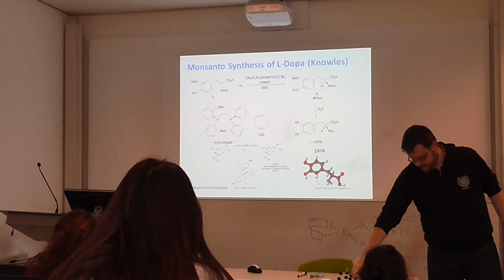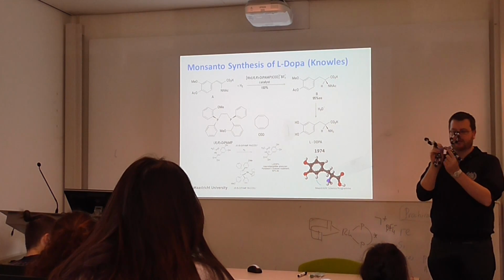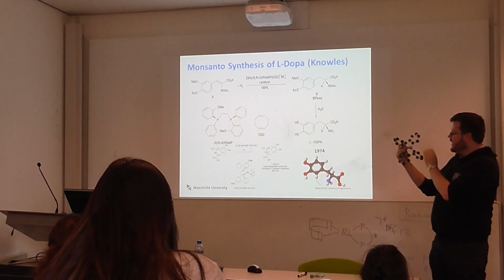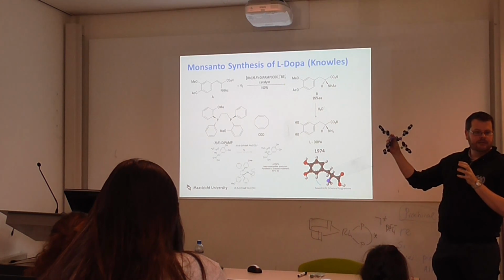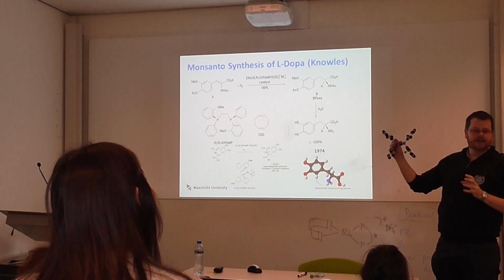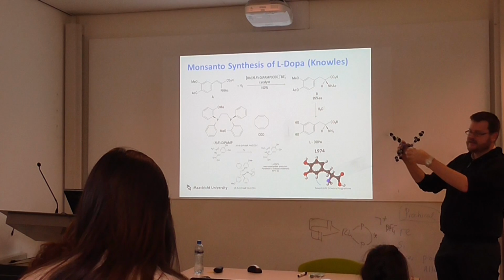Here I have a model of this complex that he made. All right, that's the rhodium center. And if you look at the X-ray structure of this guy, I've taken away the cyclooctadiene, right? Because what happens in the first step is that the cyclooctadiene decoordinates, and then the substrate attaches here and the chemistry takes place.